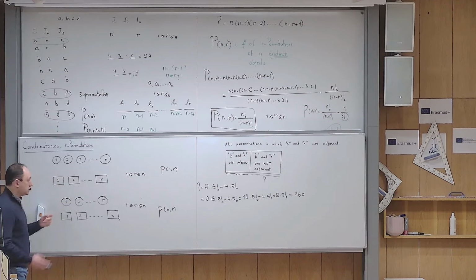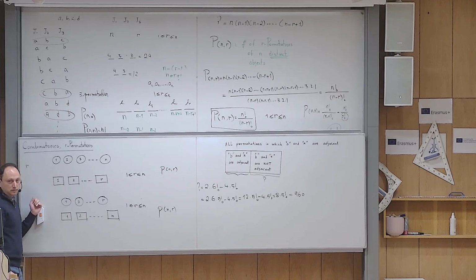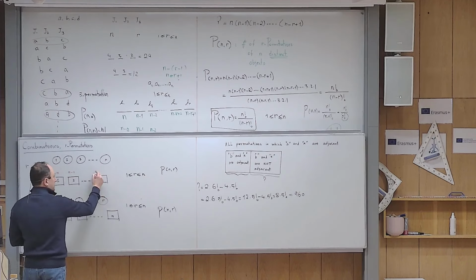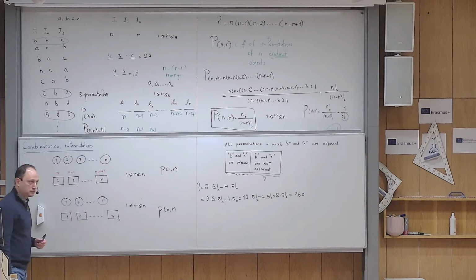R stages. Stage one is assigning a marble to the first box. Stage two is assigning a marble to the second box. In how many ways can this be done? N, then n minus 1. And for the reason that I described, the last one is n minus r plus 1. So that is this product, the answer to the problem.